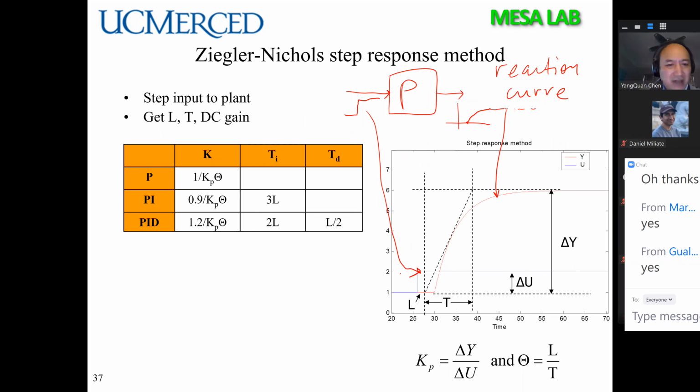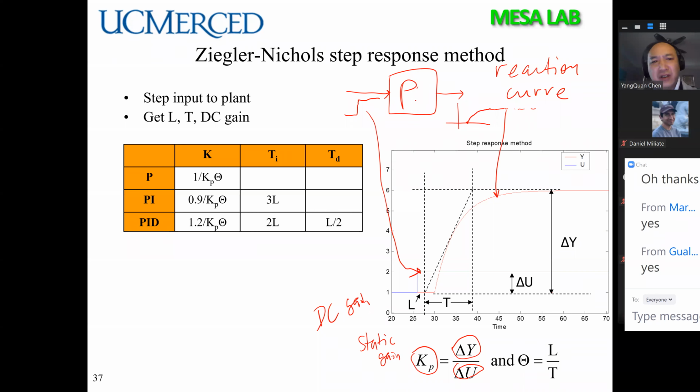After a while it settles, and then I have a delta y. Here is delta y, and delta u is how big your step is. This is easy. It's just like a steady state: your output divided by input. This is called the static gain, also called the DC gain.